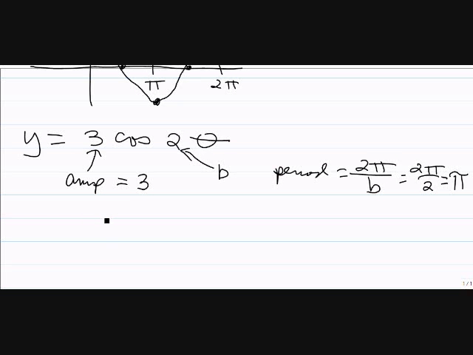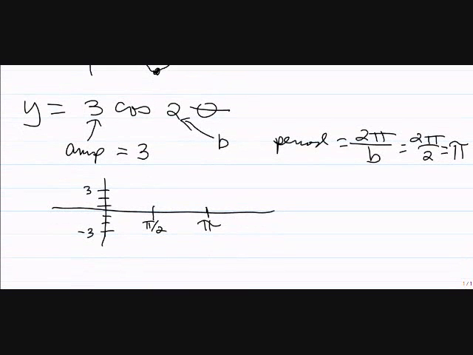All right. So here we go. My period is pi, so I'm going to mark a pi on my graph. I'm going to mark halfway, pi over 2. We'll go up 3 for my amplitude and down 3 for my amplitude. Cosine starts at its maximum, so its maximum is 3.